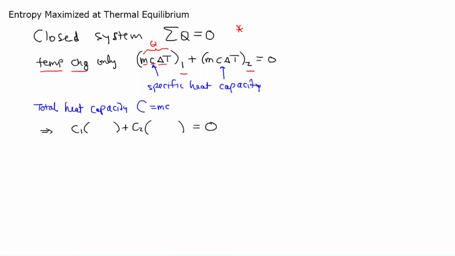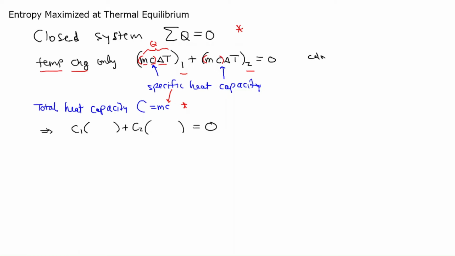As it turns out, in our work this combination of mass times specific heat capacity always travels together, so it's worth making a definition of something called the total heat capacity. I'll call that capital C, equal to the product of mass times the specific heat capacity. So we can rewrite this equation here.